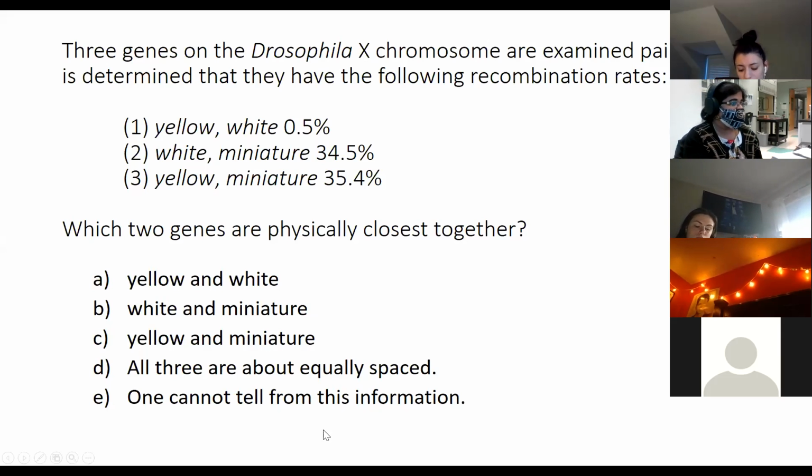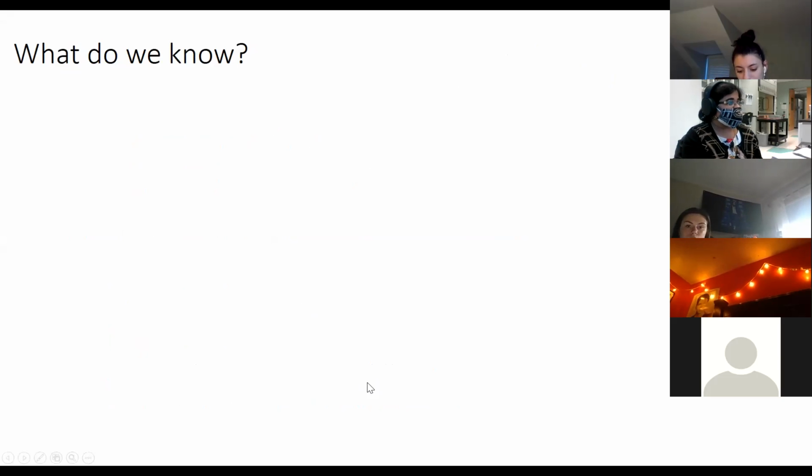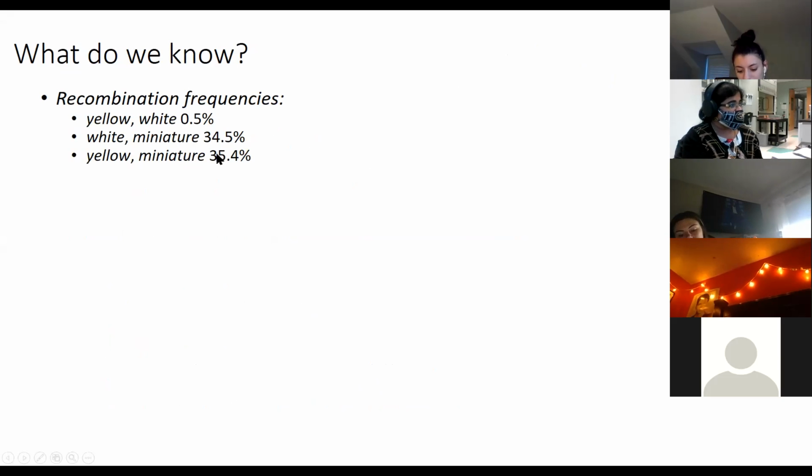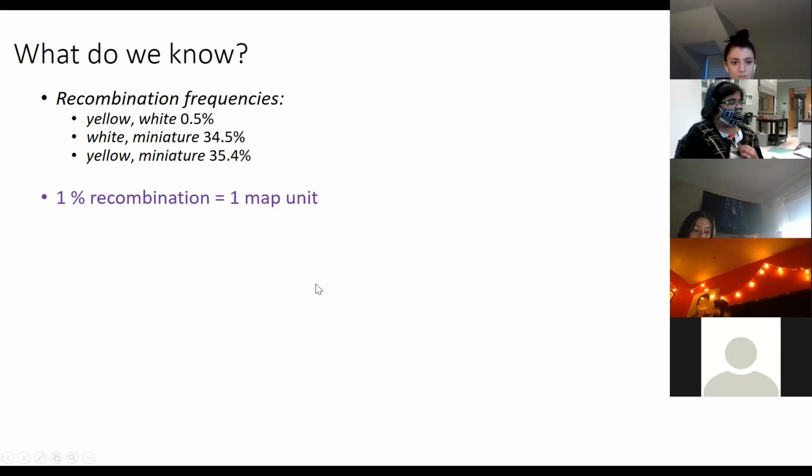It is A. So what do we know? We know that these are our recombination frequencies, the percent of recombinants in this system. We know that 1% recombination is equal to 1 map unit, right?